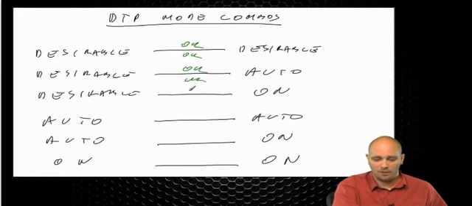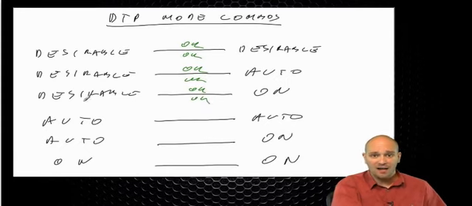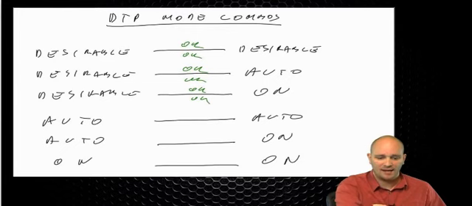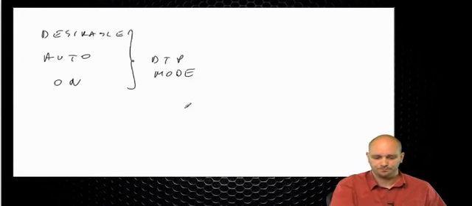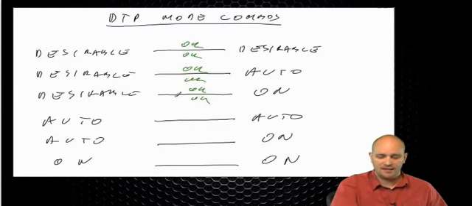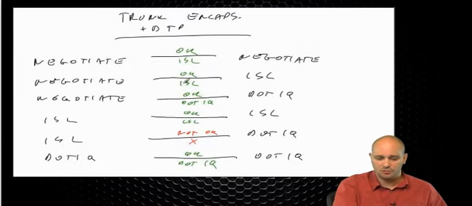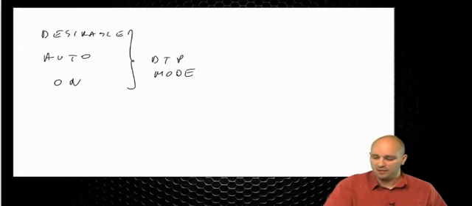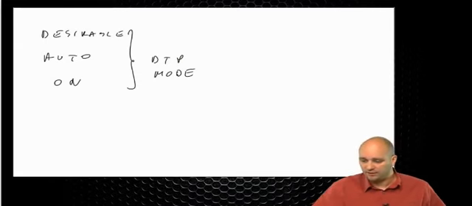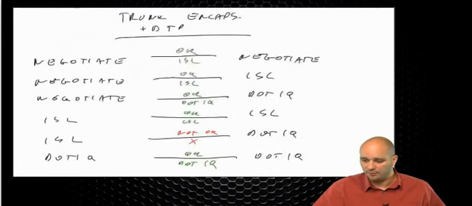If we have desirable and on, again, we are going to be okay, unless we actually have a mismatch in the trunk encapsulation mode, because we can easily imagine the situation.